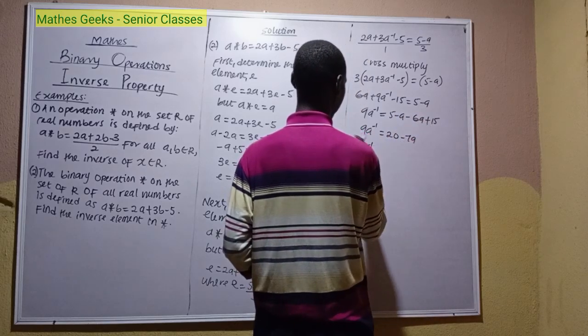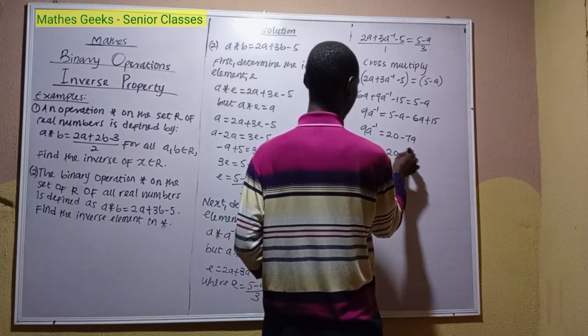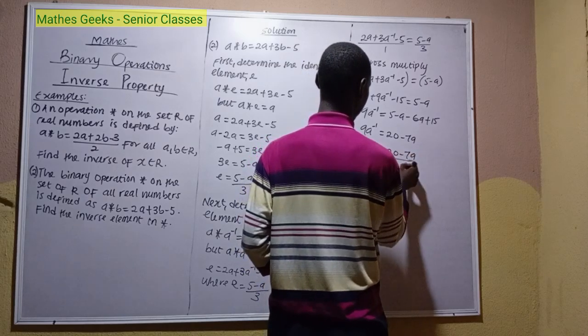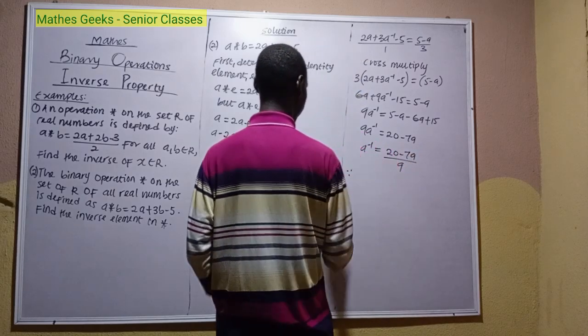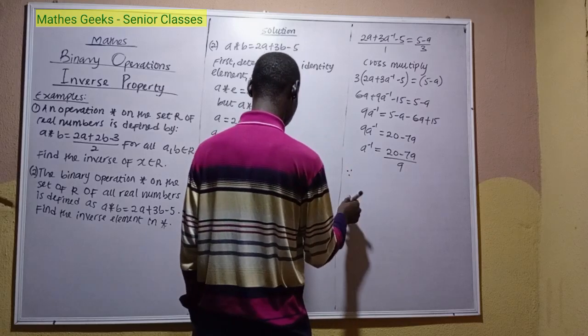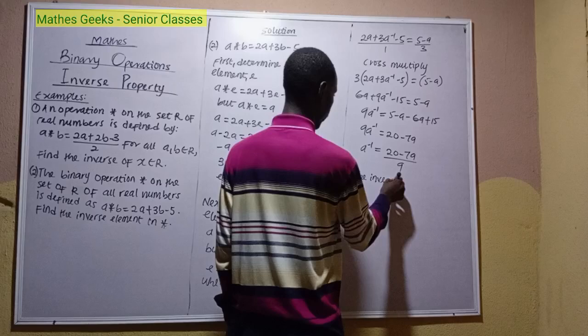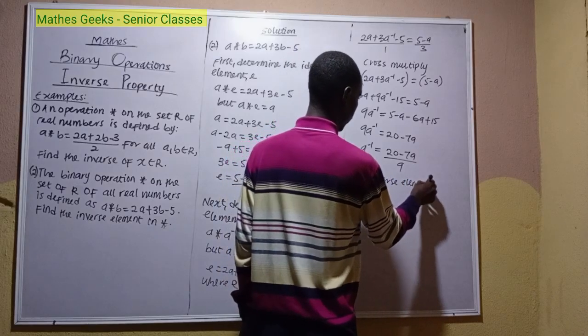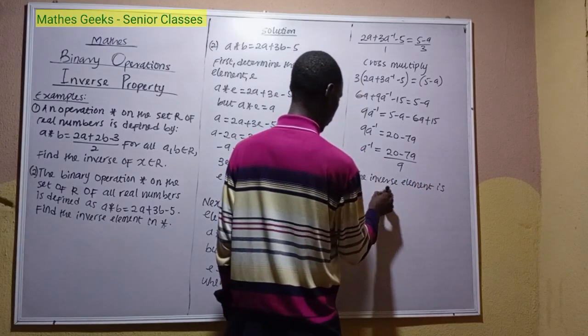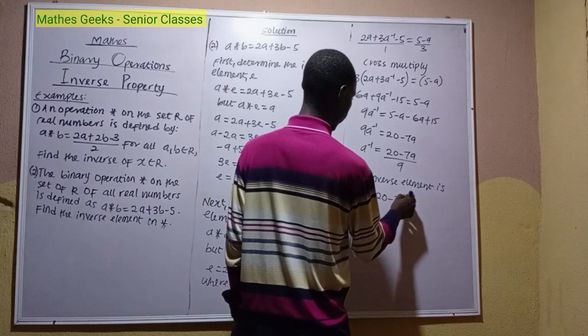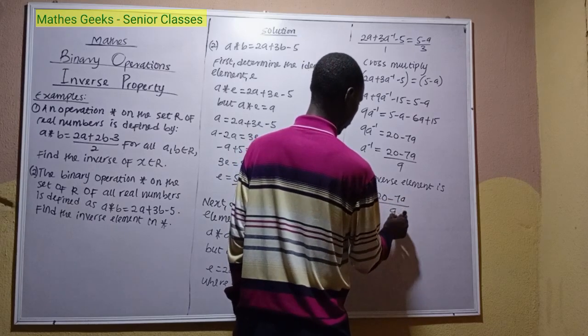So E inverse, dividing both sides by 9, equals 20 minus 7E over 9. Therefore, the inverse element is 20 minus 7E over 9.